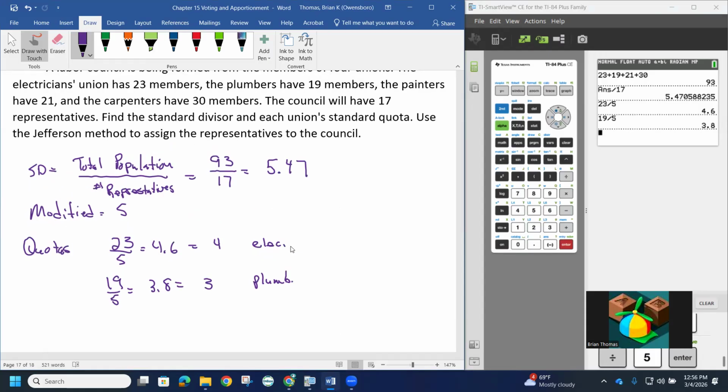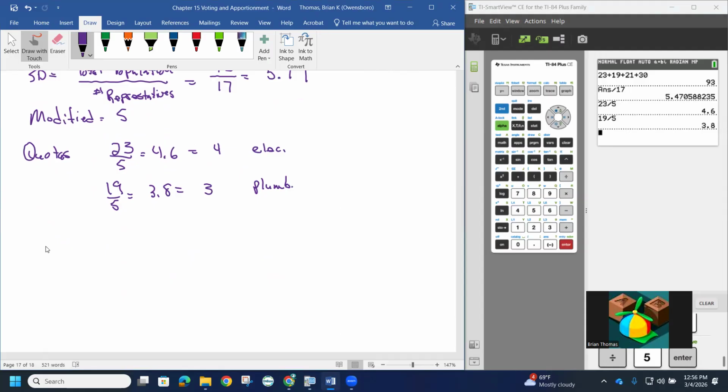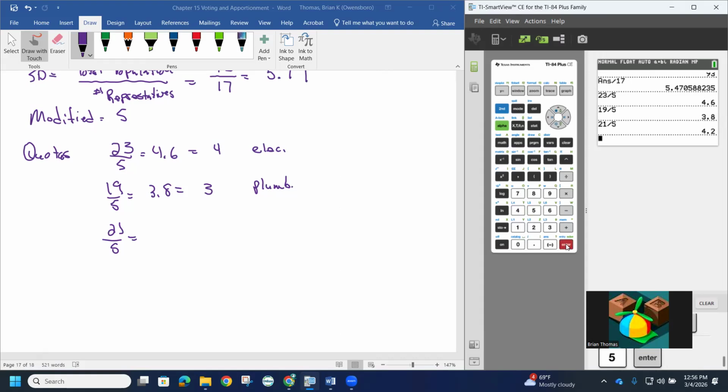And then we had 21 painters. So 21 divided by 5 gives us 4.2. But in the Jefferson method, we always round down, so it turns into a 4 for the painters.